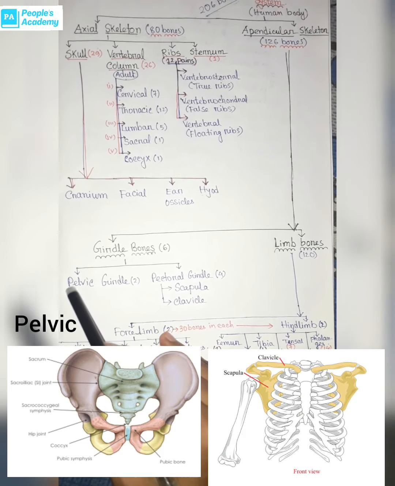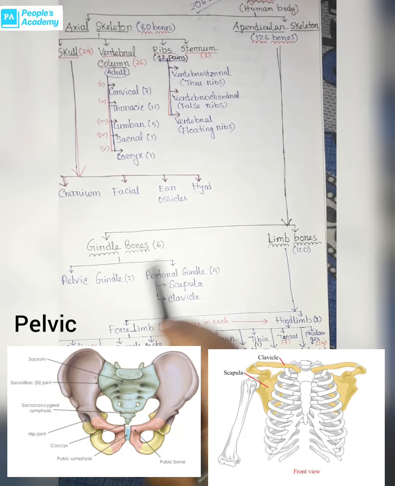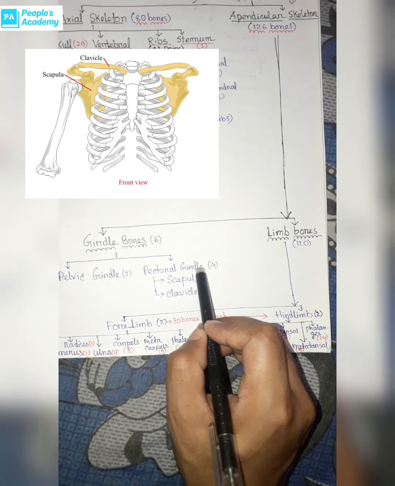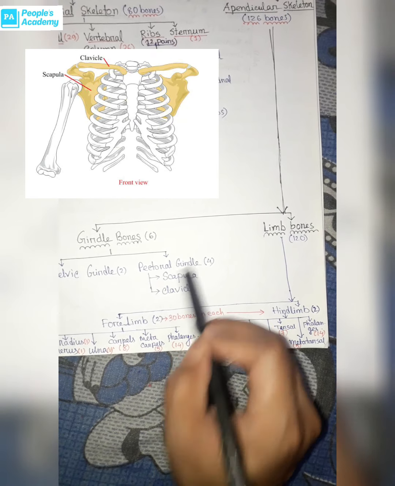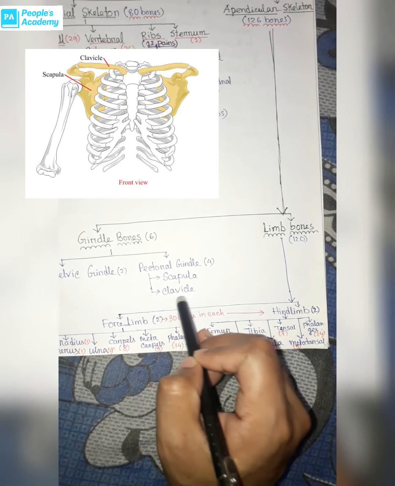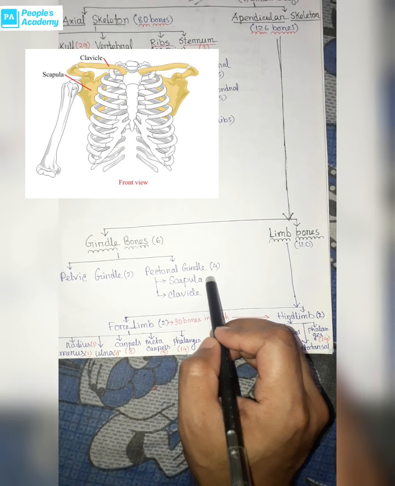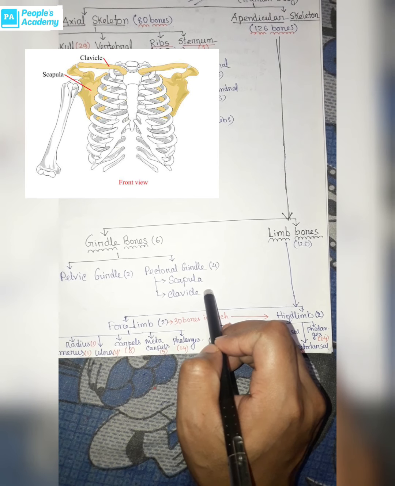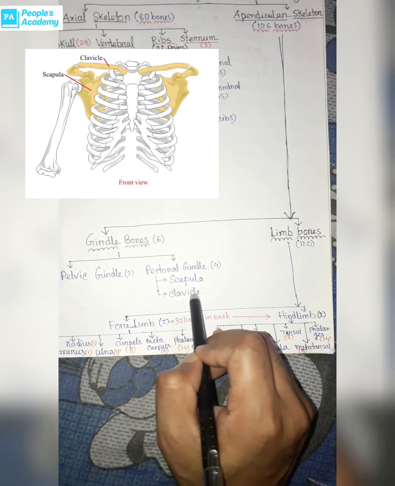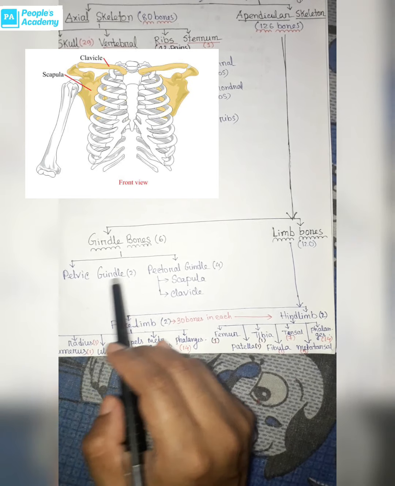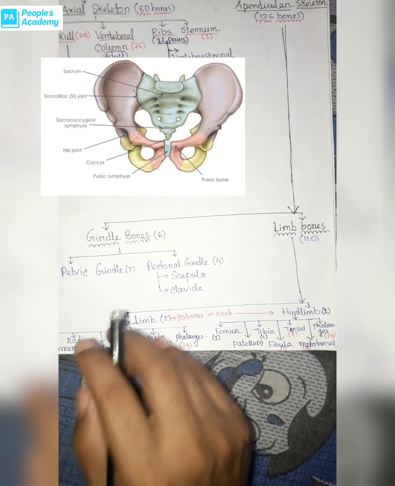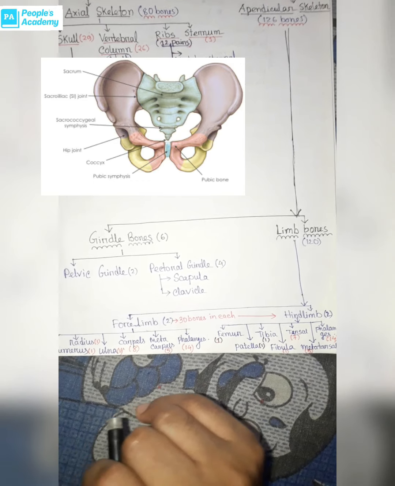There are two types of girdle bones: the pelvic girdle and the pectoral girdle. Pectoral girdles are the scapula and clavicle. Four pectoral girdle bones are present, two scapulae and two clavicles. Clavicle means the collarbone, and two pelvic girdles are present in the region of the pelvis.